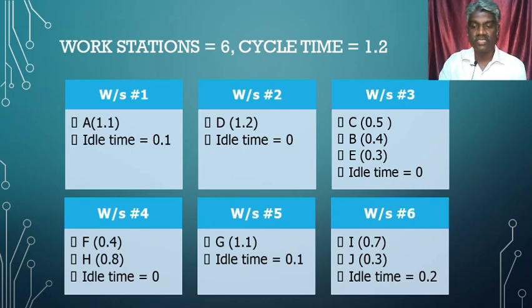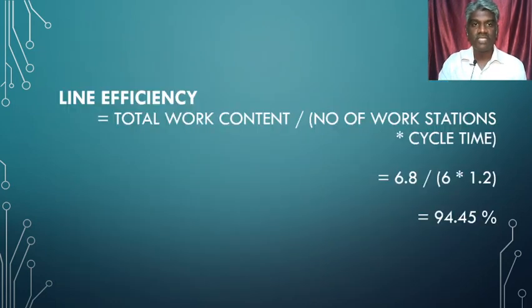Now we are going to ascertain whether the efficiency is up to the standards expected by the company. So we are going to calculate line efficiency. Line efficiency is total work content divided by number of workstations times cycle time. Total work content we know is 6.8, the number of workstations is 6, and the cycle time is 1.2.